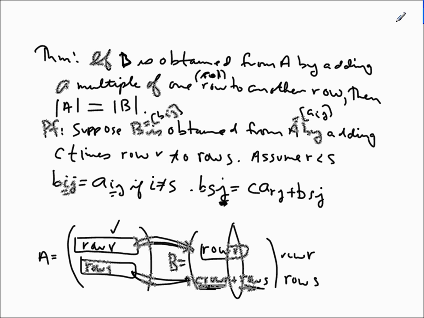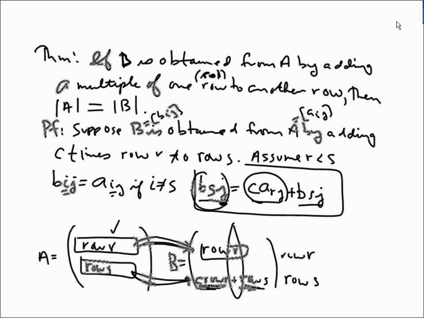Now, of course, the reason I'm hesitating at this point is as follows. Everything I wrote, BSJ, C ARJ, and BSJ, they are real numbers. And I have this real number equal to something plus the same real number.